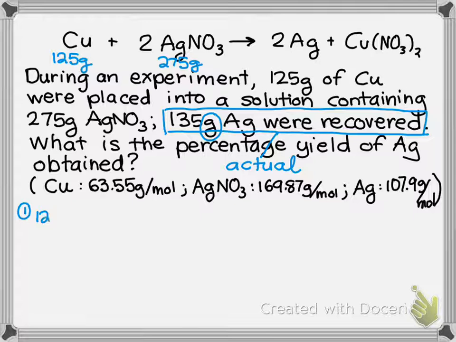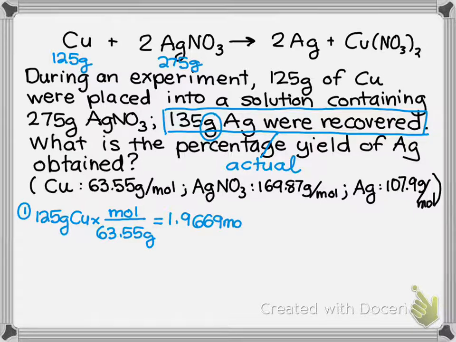So I have 125 grams of copper. I have to convert it to moles, and I've included the molar masses here. So I convert it to moles of copper. Remember, if I'm given grams, I have to convert into moles first because the only way I can use the mole ratio is to be in moles. So now I get 1.9669. This is moles of copper.